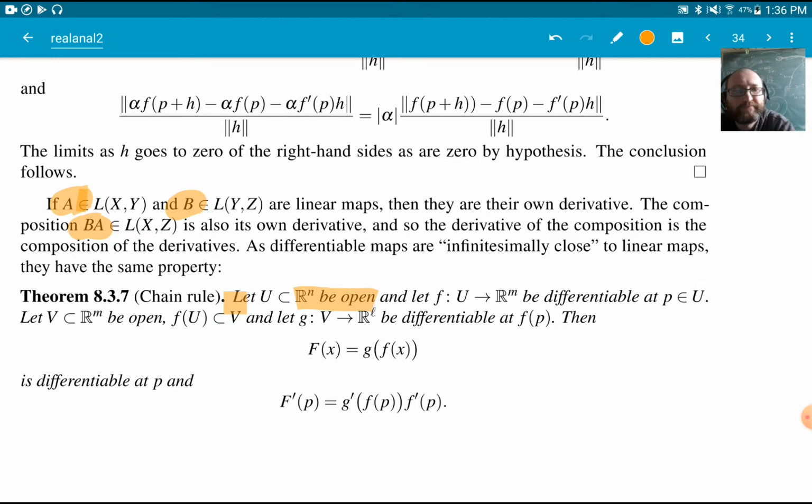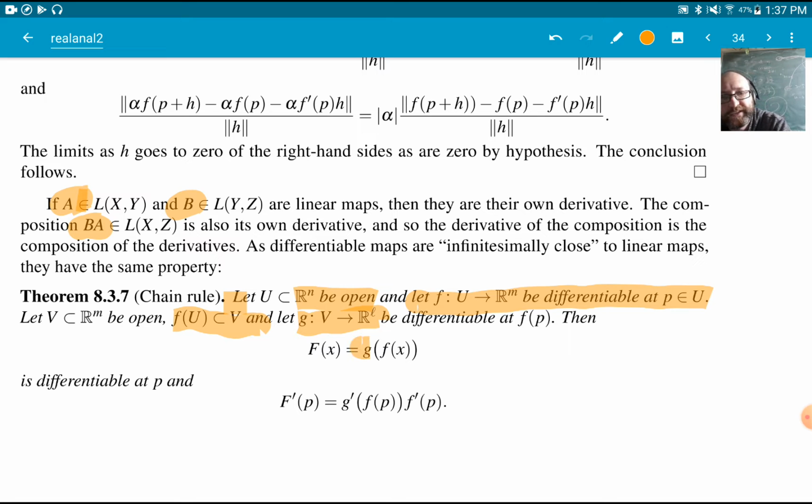If I have just any open set U and a function f differentiable at P, and let's suppose that the image of U under f is inside some other open set V, where I have another differentiable function g defined on V. So I can now compose them, I can plug f into g.